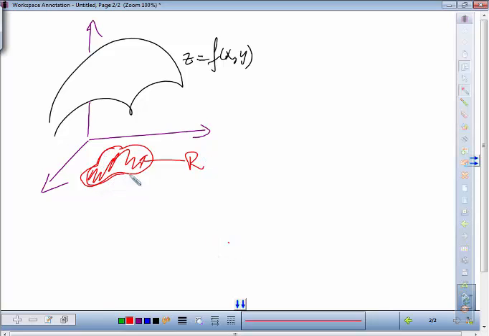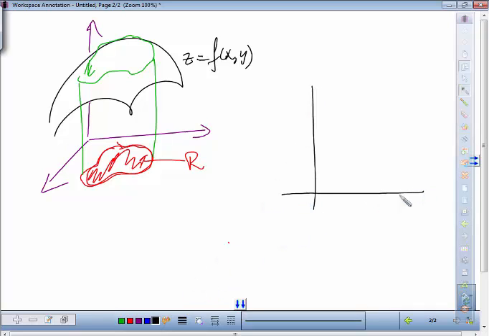So for now, I'm going to put a blob shape down here. It gets projected up to the surface again, and then we get some sort of volume that we're looking for. That's the general idea. But our focus isn't necessarily going to be on this three-dimensional picture. What we want to do is look at what happens in 2D.